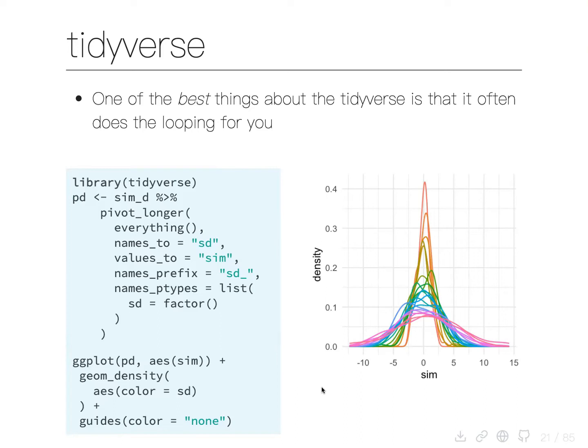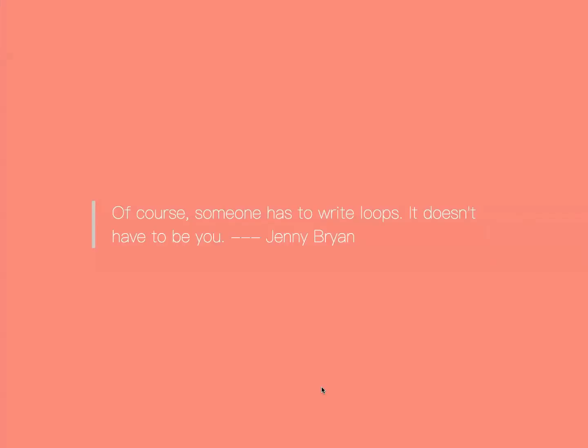And what's interesting is that this is a very good example of where the tidyverse, by doing a little bit of data manipulation first, gets us out of doing any sort of looping on our own to create this plot. If we didn't have the tidyverse, then we would have to write the loops ourselves.